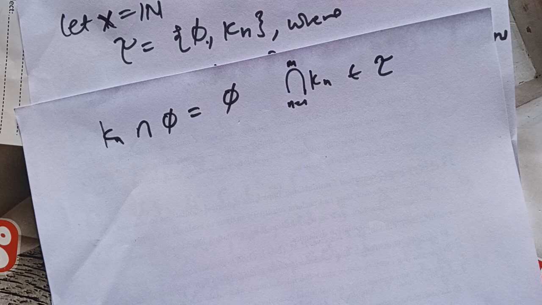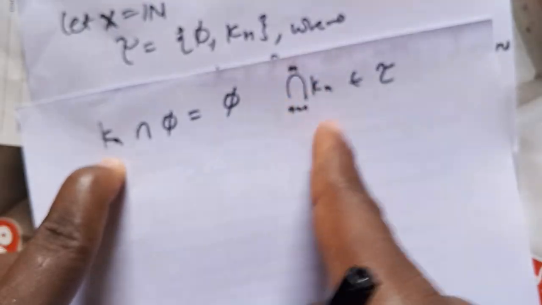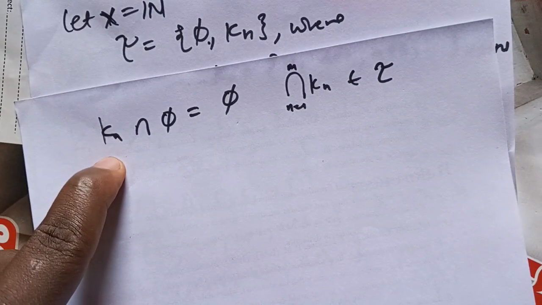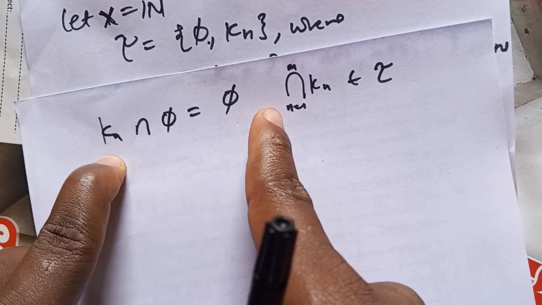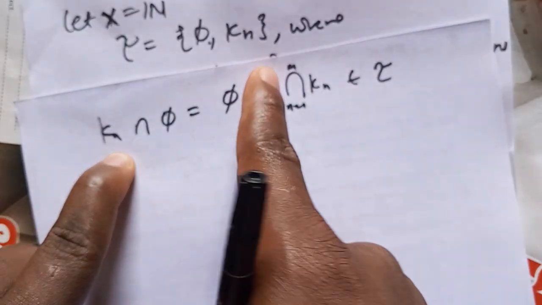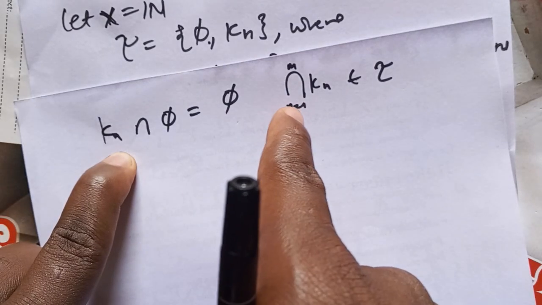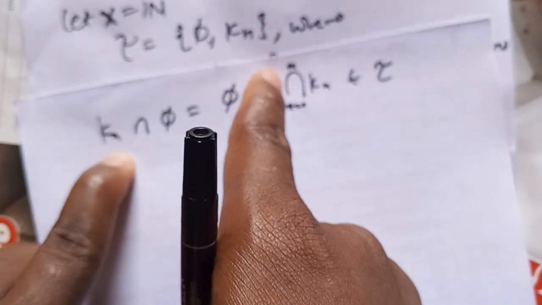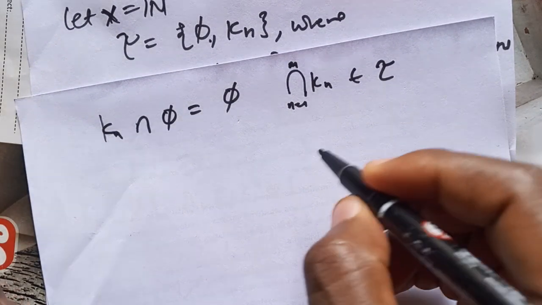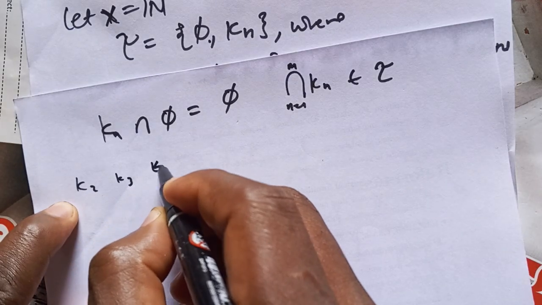Now observe that finite intersection has to be like this, right? If I take n equal to 1 to m, then I'm being biased here, because here I'm working from 1 to a certain m, whereas I could have a case where I have K2, K3, and K4.